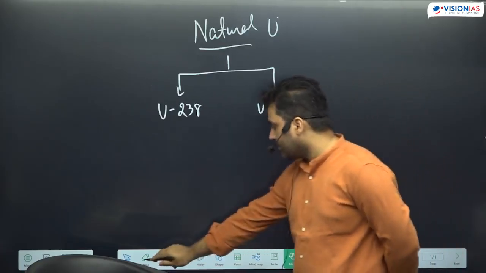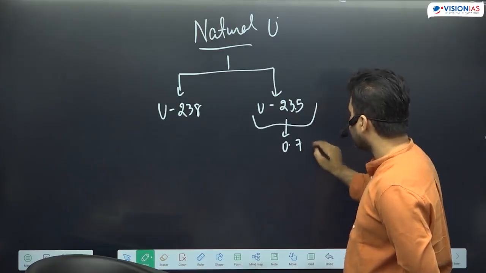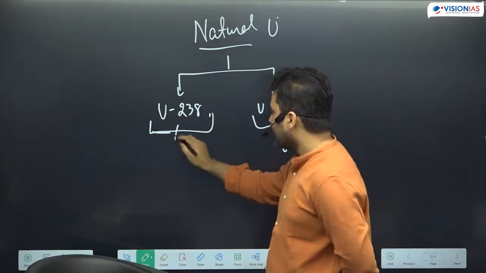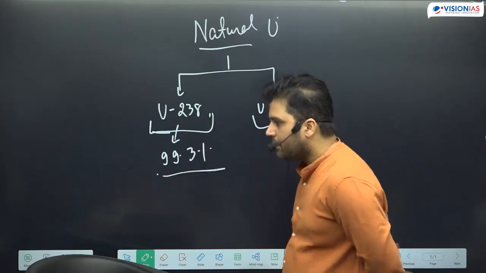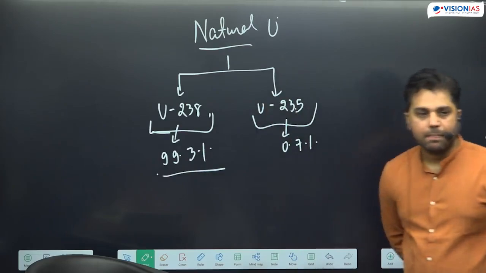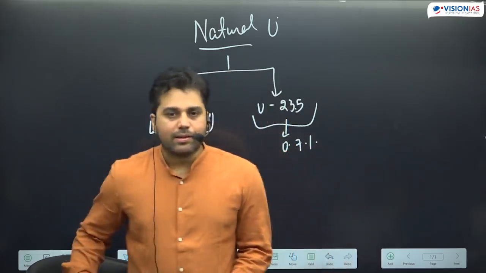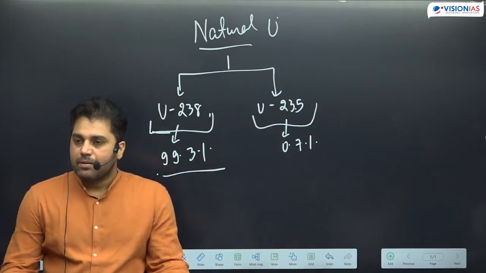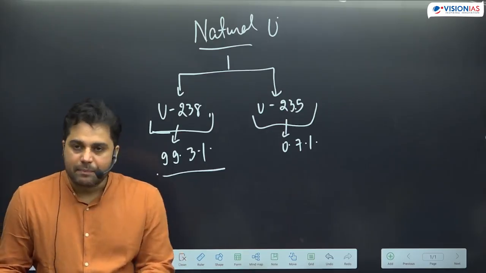However, the sample which I have just recovered after milling has only about 0.7% of uranium-235 and 99.3% uranium-238. So even though uranium is not a rare mineral, uranium-235 is actually quite rare.